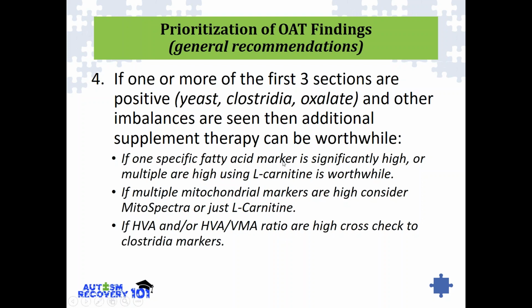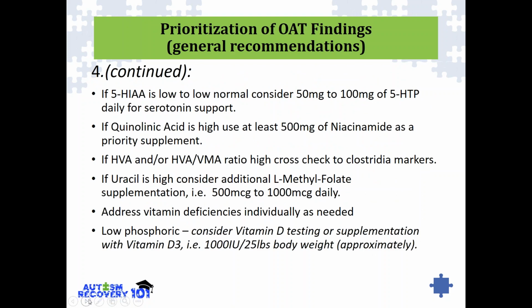If the dopamine level is high, this HVA, for example, make sure the Clostridium markers are normal or high. More times than not, if that HVA level is high on the organic acid test, one of the Clostridium markers is also high because it's inhibiting that enzyme. Low levels of serotonin can often be improved with just 5-HTP supplementation modestly, 50 to 100 milligrams.